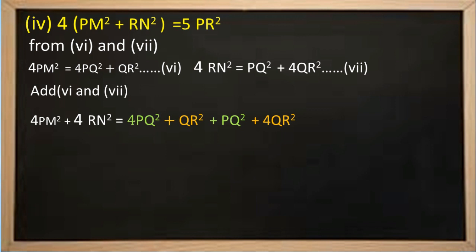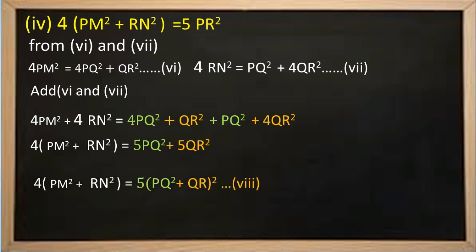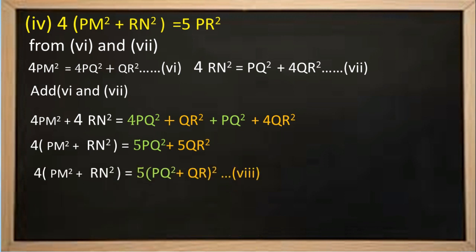On the left hand side, take out 4 as a common factor. It results as PM square plus RN square. On the right hand side, add 4PQ square plus PQ square. It results as 5PQ square. In a similar manner, QR square plus 4QR square is 5QR square. If you take out 5 as a common factor, it results as PQ square plus QR square.